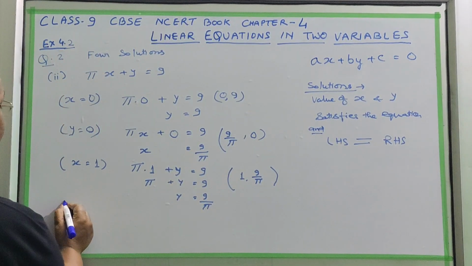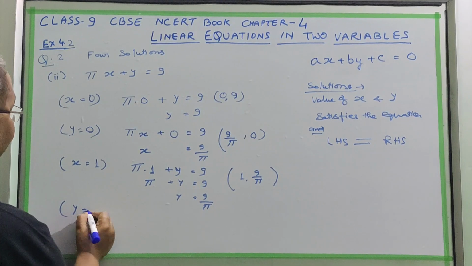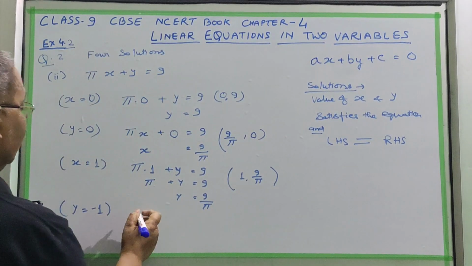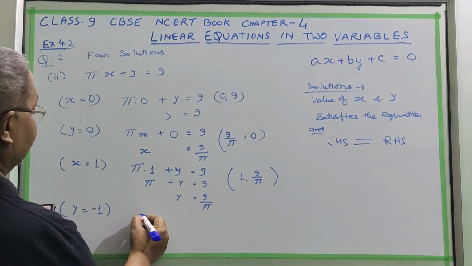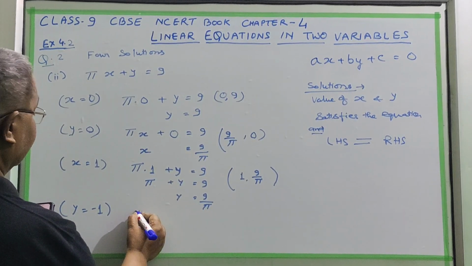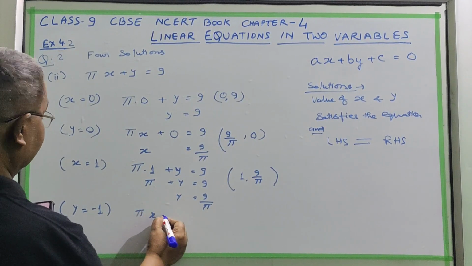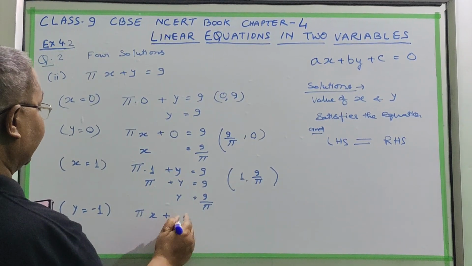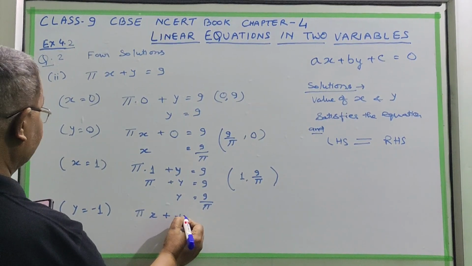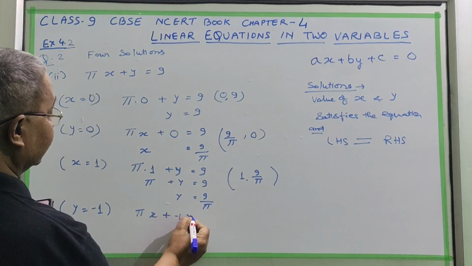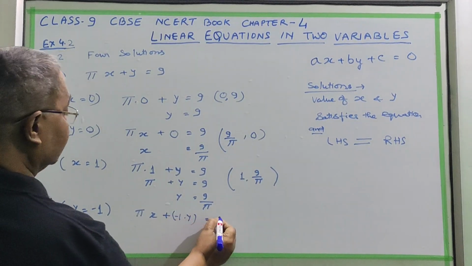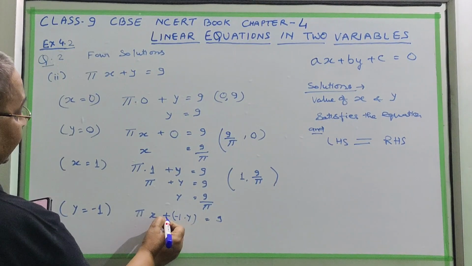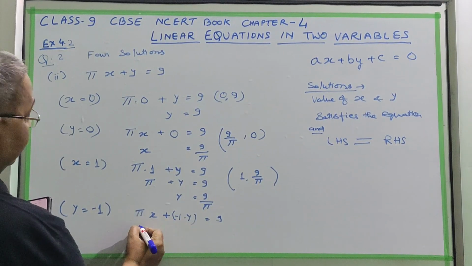Okay. Now you take y equal to anything you can presume and just put the figure in this. So now we are putting minus 1. So pi x plus, but y is multiplied by minus 1. Minus 1 minus y, this, equal to 9, because it is minus 1. That's why I have put on the bracket. Otherwise, two signs cannot come together.